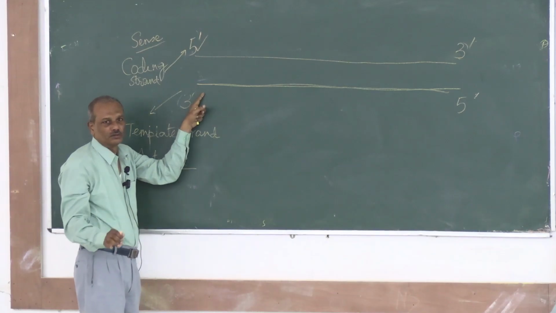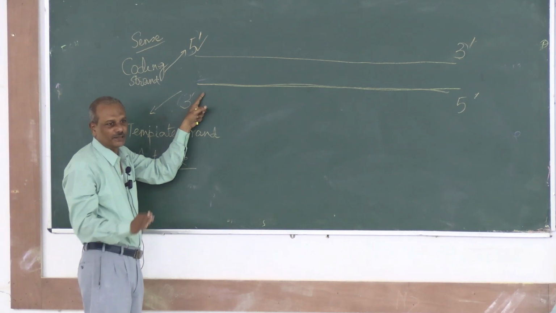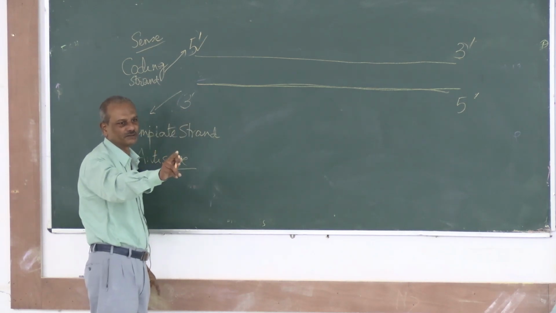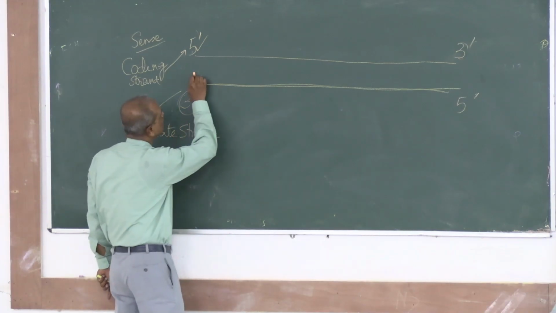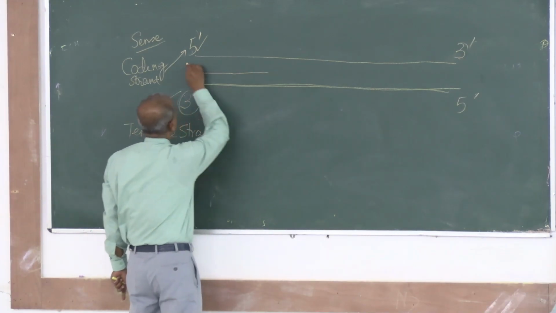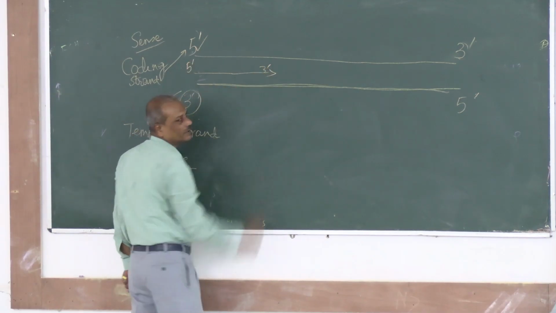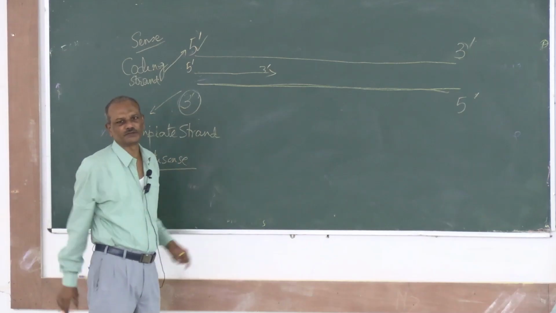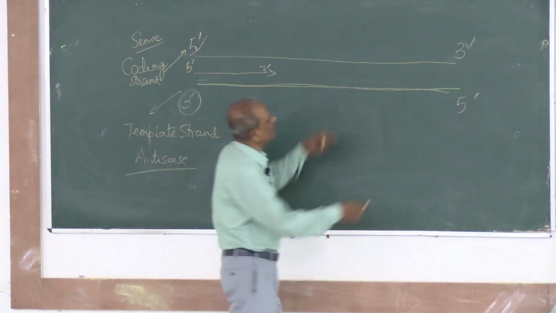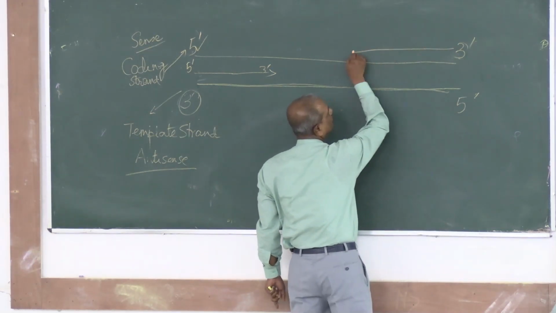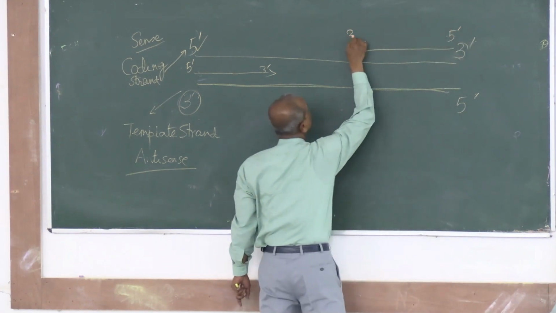As a rule, synthesis of DNA, synthesis of RNA takes place from 5' to 3' direction. So this is in 3' direction. So the new strand will be synthesized from 5' to 3' direction. Okay? This part you must be clear. Always. So here on this side, this will also be in this direction. The newly formed strand will be 5' to 3' direction.